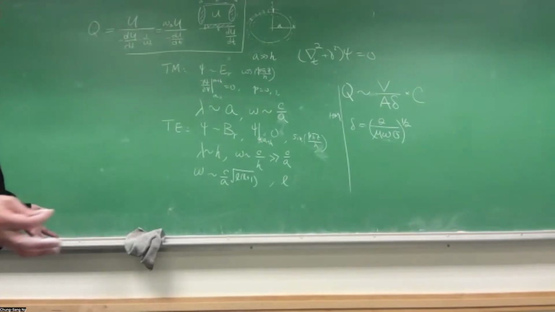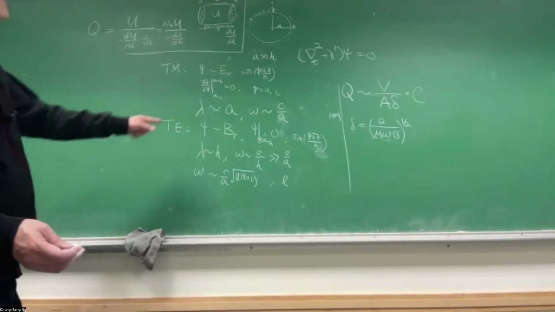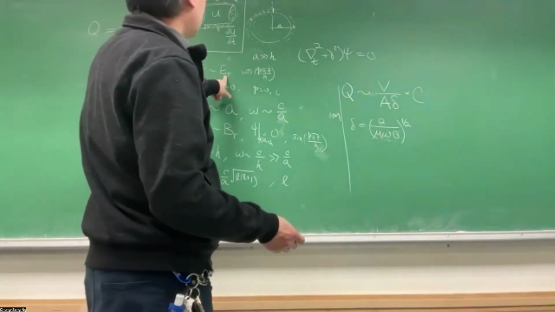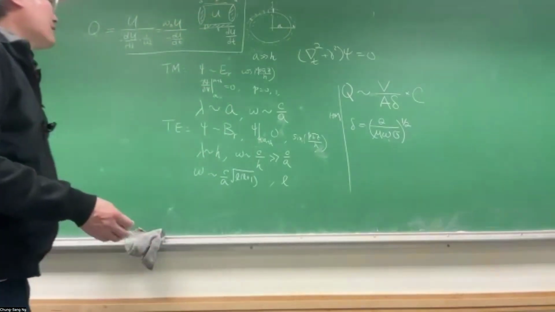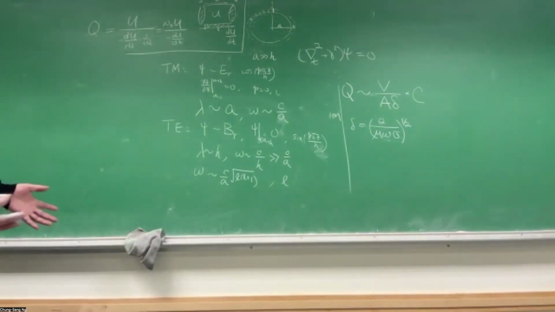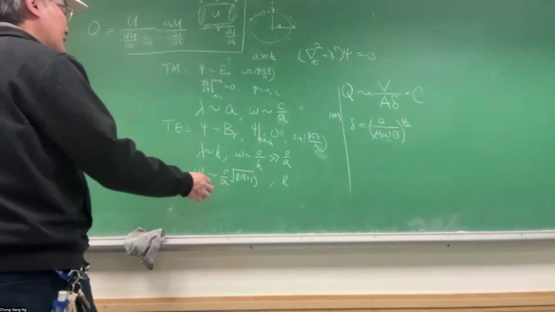And for the resonator, if this E_r is just totally spherically symmetric, the electric field, then there's no transverse field, and there's no oscillation.